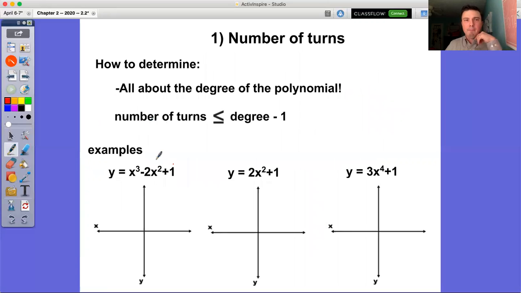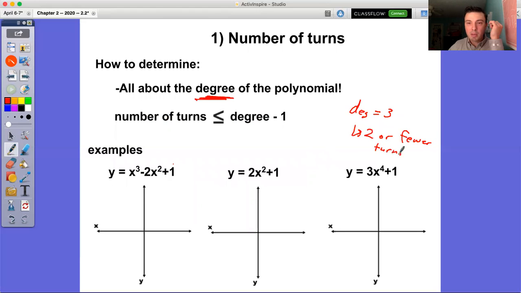Okay, so number of turns. How do we determine the number of turns of a polynomial? Well, it's all about the degree of a polynomial. The number of turns must always be less than or equal to the degree minus 1. So basically, if the degree is 3, then you could have 2 or fewer turns.